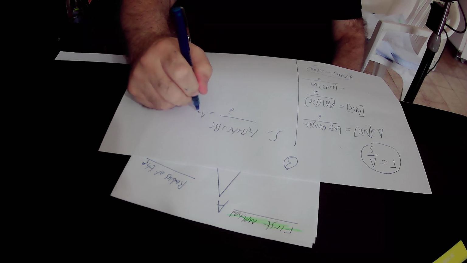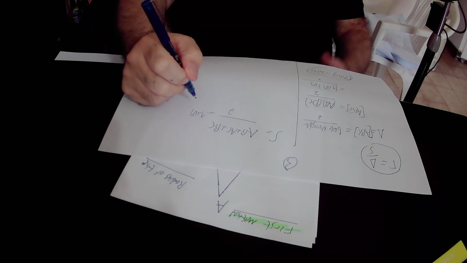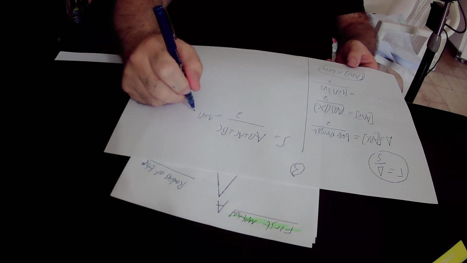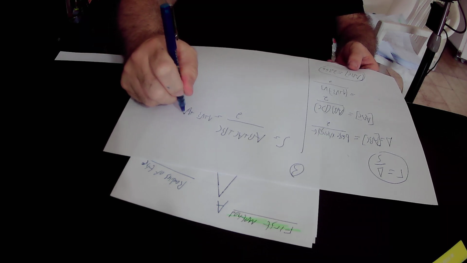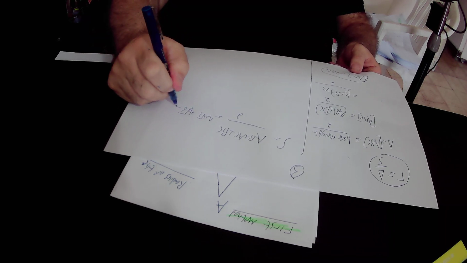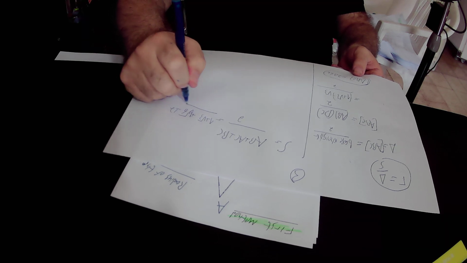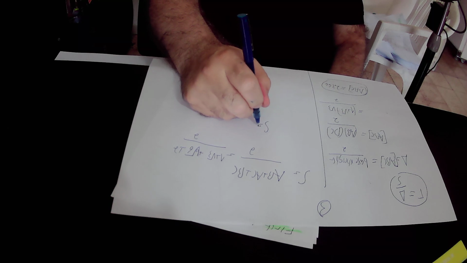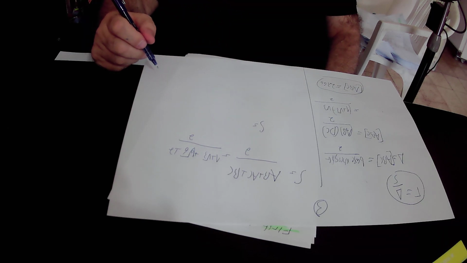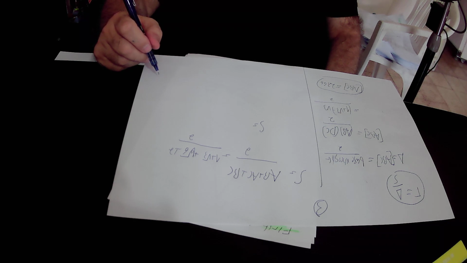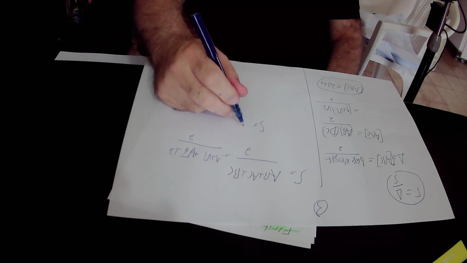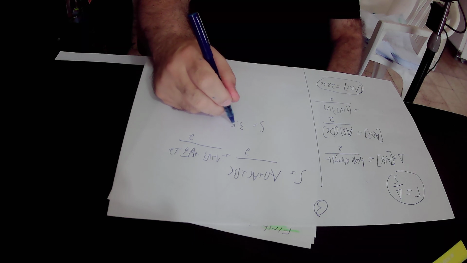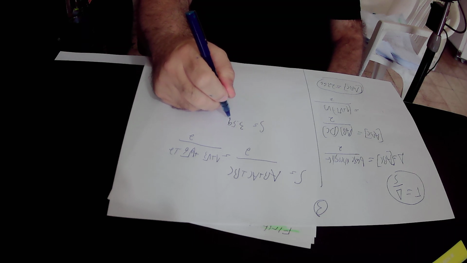AB equals 1 plus square root of 3 units, AC equals square root of 6 units, and BC equals 2. If we divide it by 2 we get the semi-perimeter. So here S, actually the value of this expression is equal to 3.59 units.